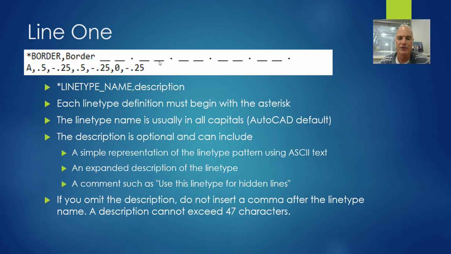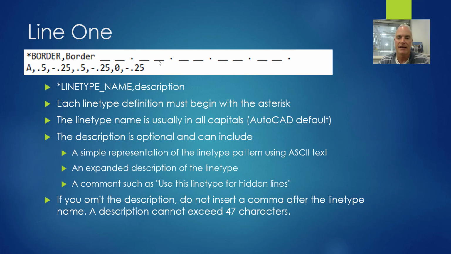And then the description is usually the name again and then a graphical description, just using ASCII characters like dashes and dots and spaces to make it look approximately like what your line is going to look like.